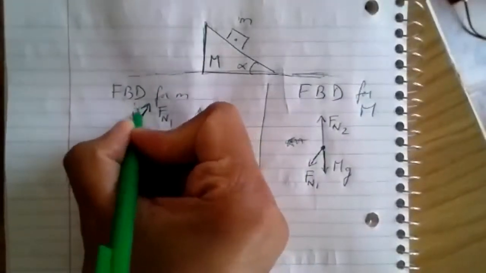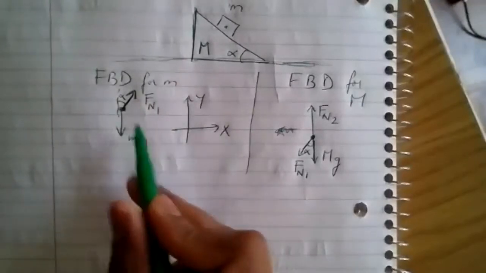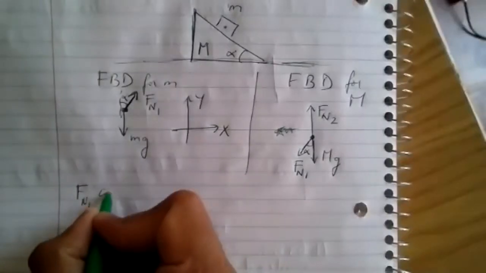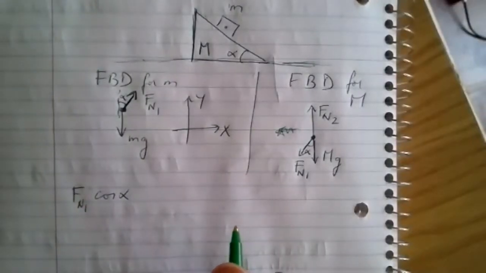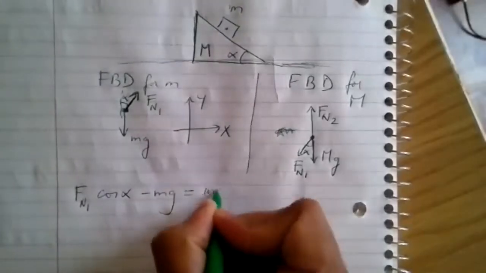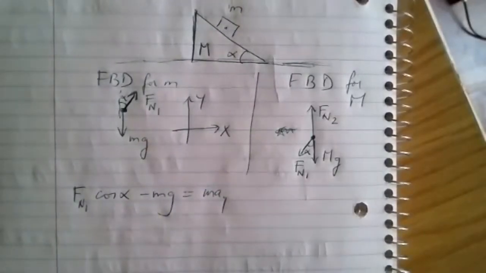Let's set up the relevant equations. I need the angle alpha in there as well. Over here, alpha would be this angle, and over here, it would be this angle. Now I can write the equations. In the y direction, I have Fn1 cosine alpha minus little mg equals little m times ay.